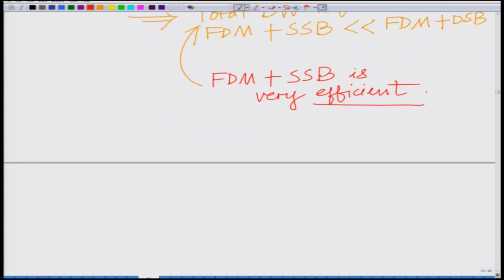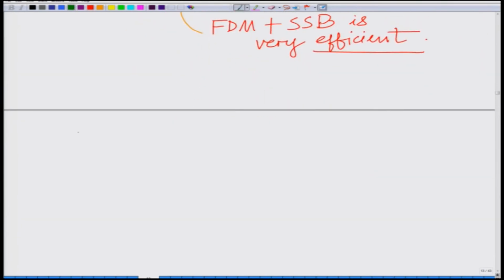Let us take a simple example of AM broadcast again, or AM radio broadcast. AM is amplitude modulation.